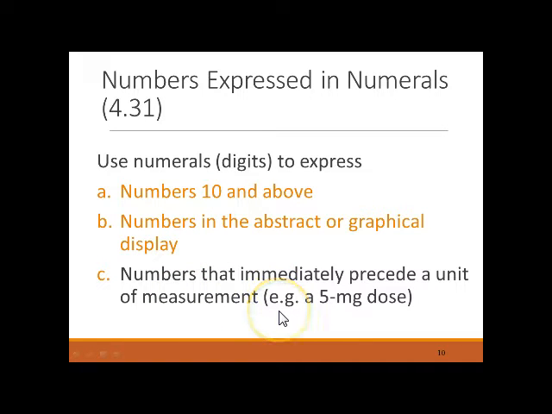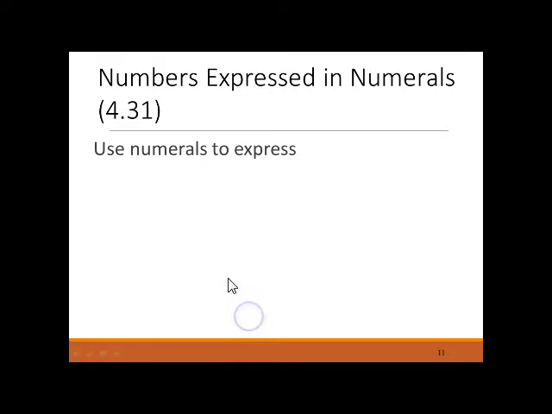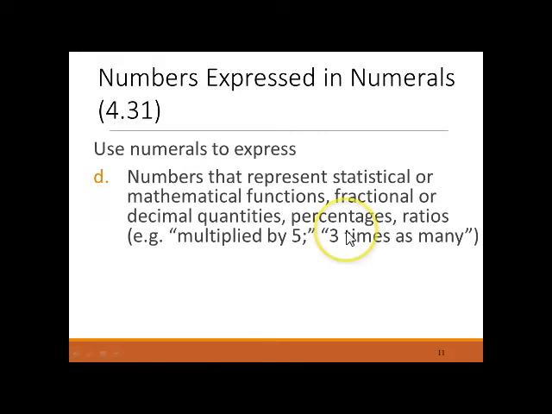Also numbers that immediately precede a unit of measurement. The example here would be a 5 milligram dose, but we could say a 5 centimeter long piece of paper or something equivalent. Also, numbers that represent any kind of functions, either statistical functions, mathematical functions, fractional or decimal quantities, percentages, or ratios.